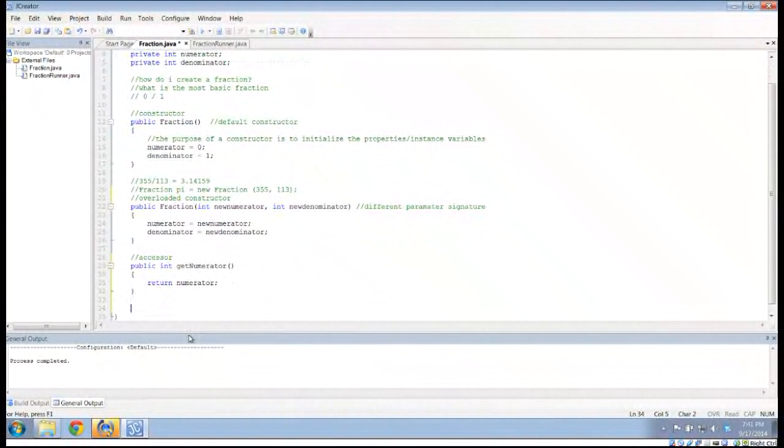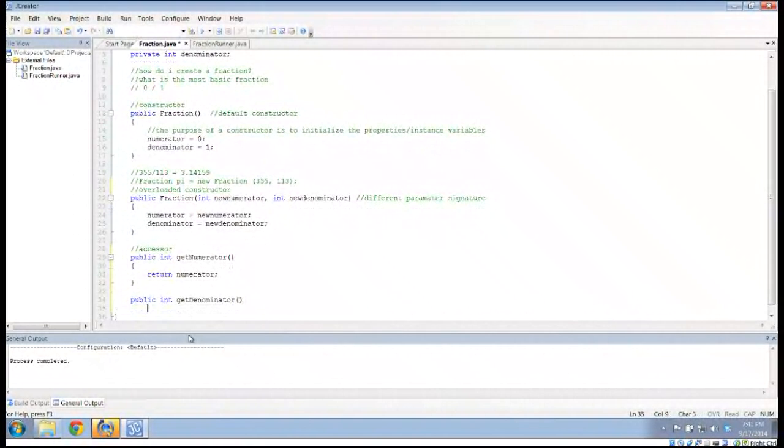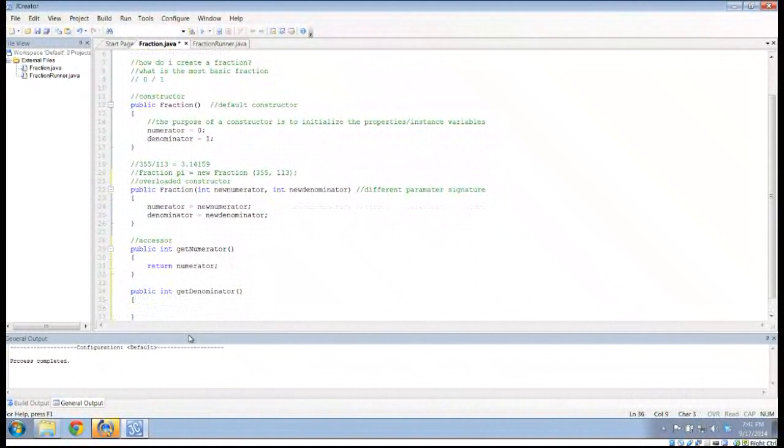And I need to create another accessor. It's also going to be returning an int because it's going to return the denominator. So this is our getDenominator method. And it's very, very simple as well.